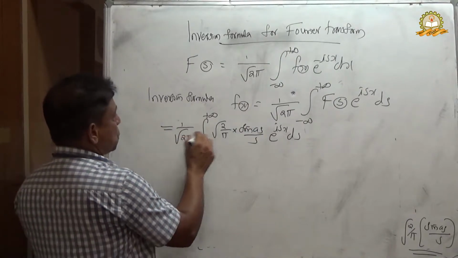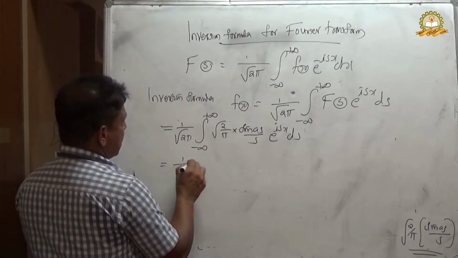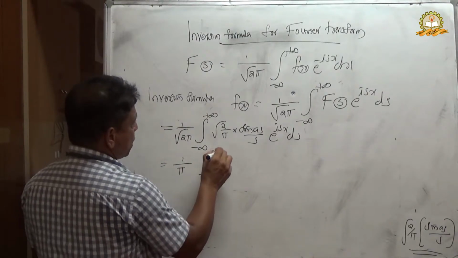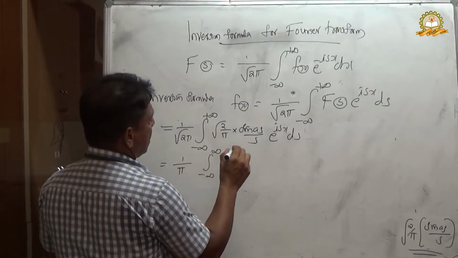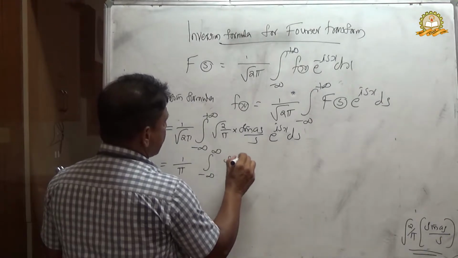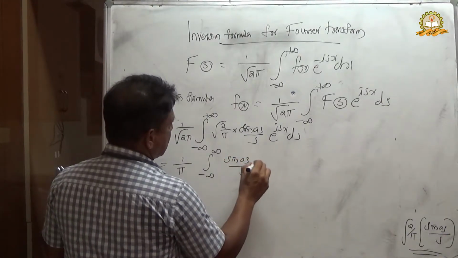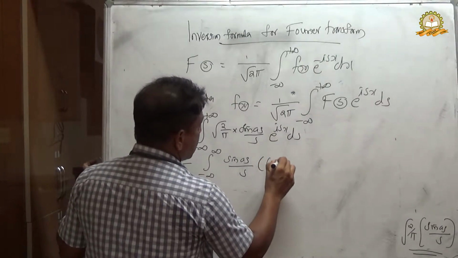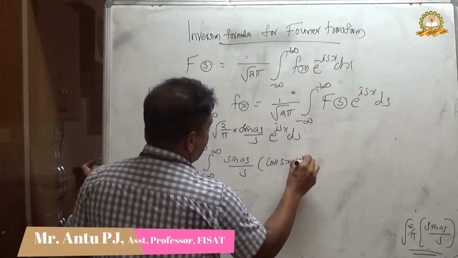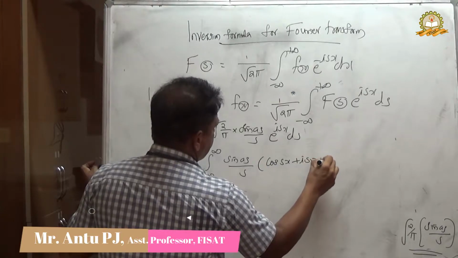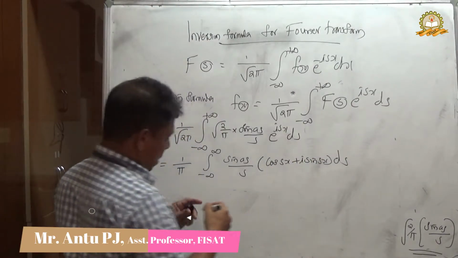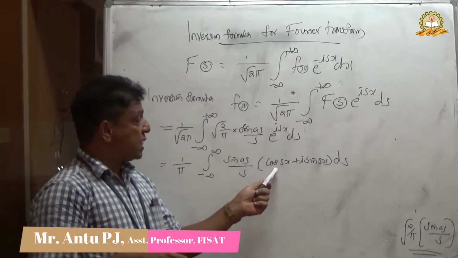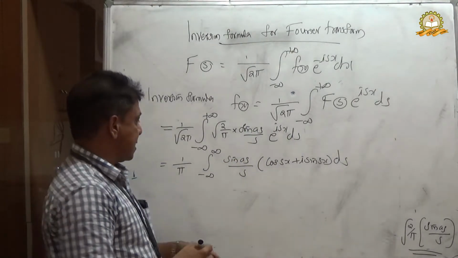The root and root cancel, and the answer will be 1 by pi integral from minus infinity to plus infinity of sin as by s into e raised to isx ds. By Euler's formula, e raised to isx can be taken as cos sx plus i sin sx.